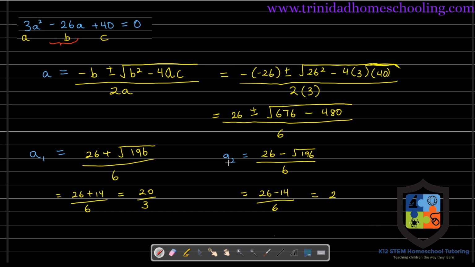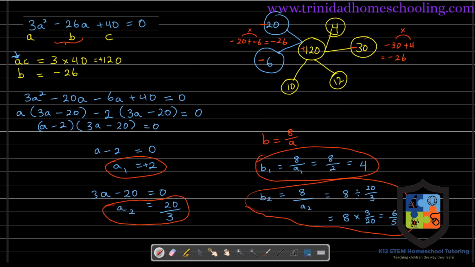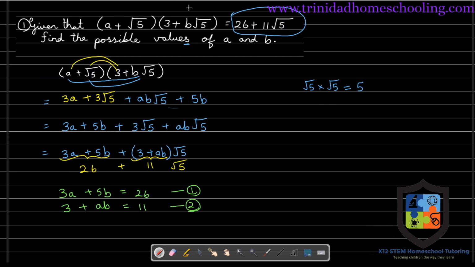So here we have this question solved. Let's go back to the original and make sure we solved it. Given that all this is equal to that, find the possible values of a and b. Our possible values for a that we found were 2 and 20 divided by 3.